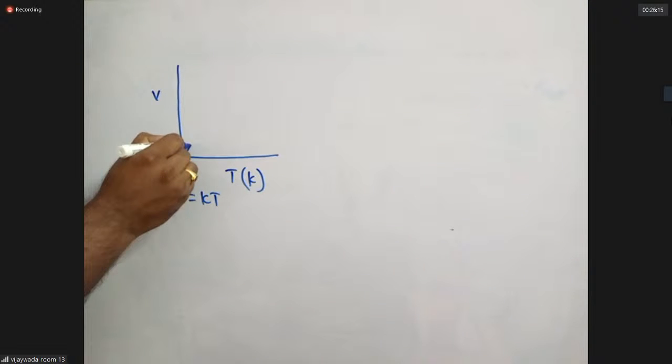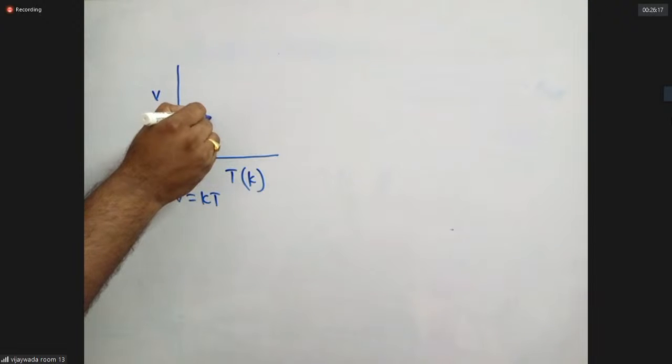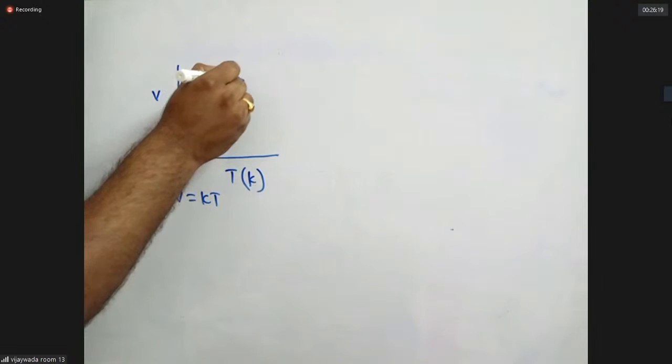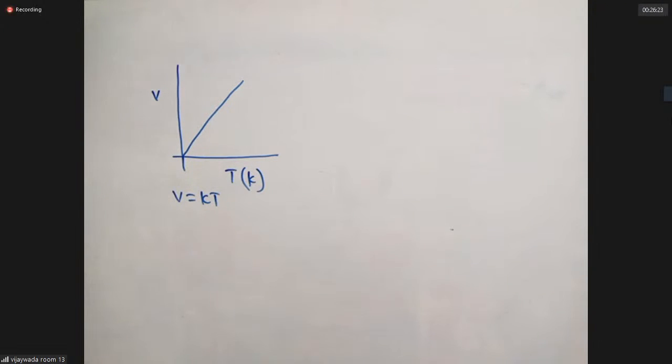As the temperature increases, the gas volume also increases. Yes, Abhinash, I'm talking about gas. Gas volume at zero Kelvin is 0. I'm not talking about liquids and solids. Charles' law and Boyle's law are applicable to gases only, not for liquids and solids.